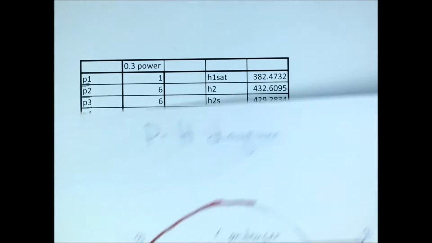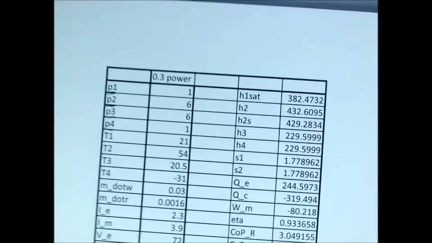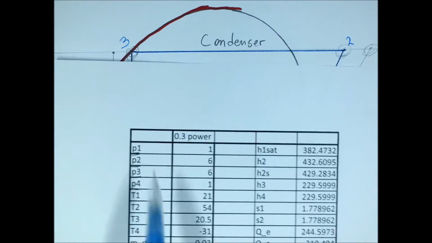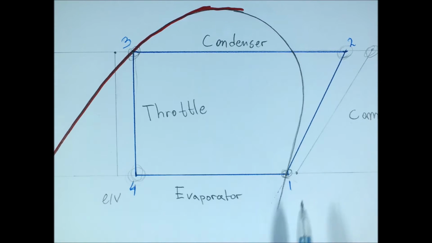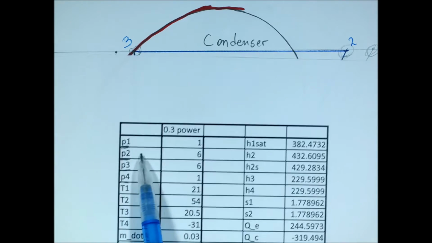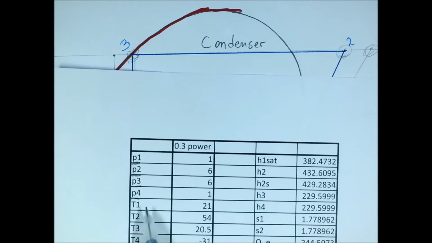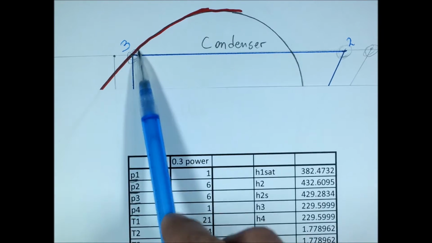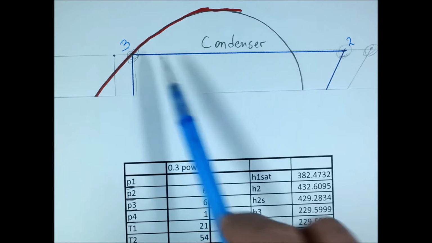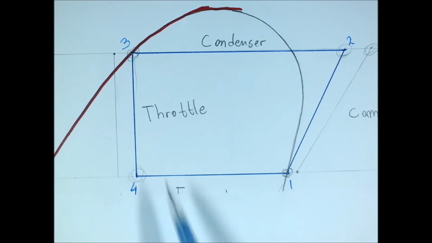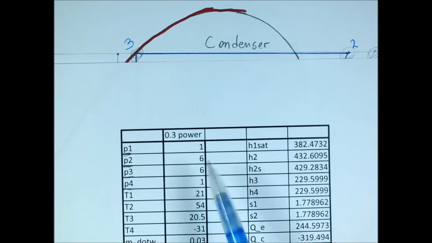P1 is after evaporator, P2 after compressor, P3 after condenser, as we can see the pressure stays the same, nothing changes. P4 after throttle, the pressure drops down to the level that it was before, or 1 bar. So these are in bar.